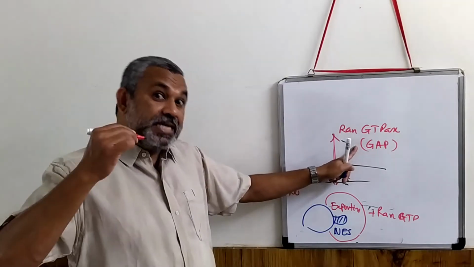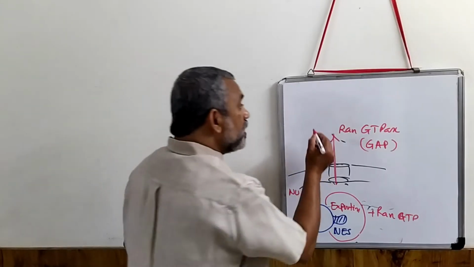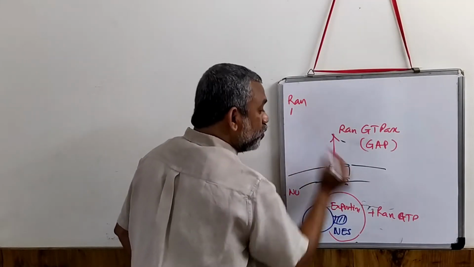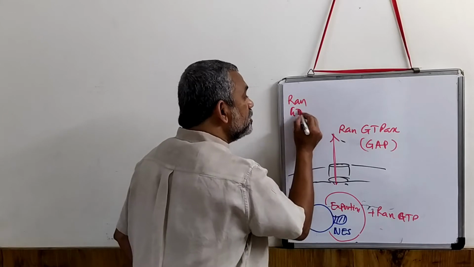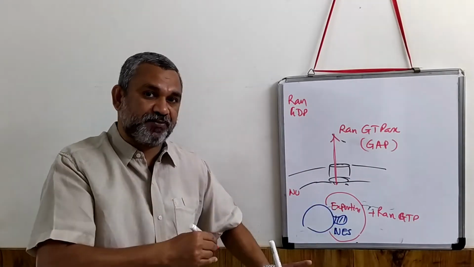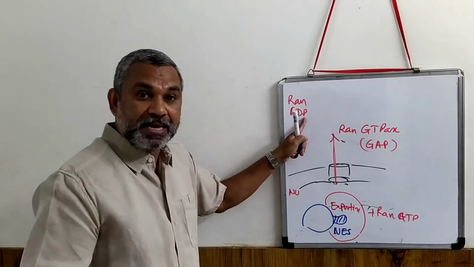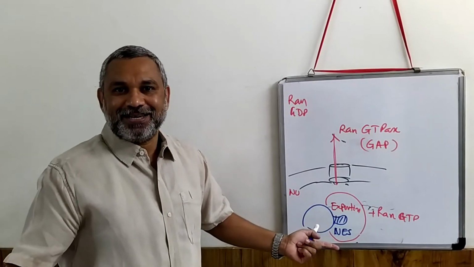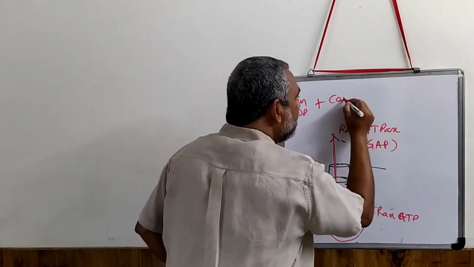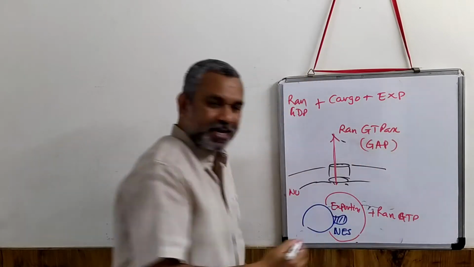Now, this GAP enzyme will act on this, and it will convert Ran-GTP to a Ran-GDP molecule. You can correlate this with the previous figure. It's converting Ran-GTP to Ran-GDP, therefore it gets separated, and it will release the cargo and the export protein separately.